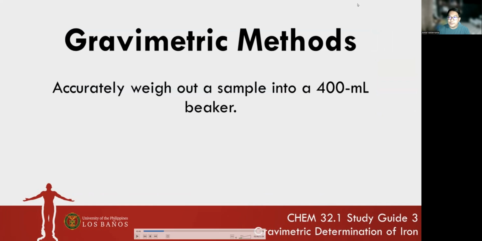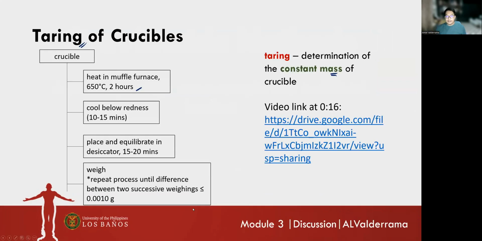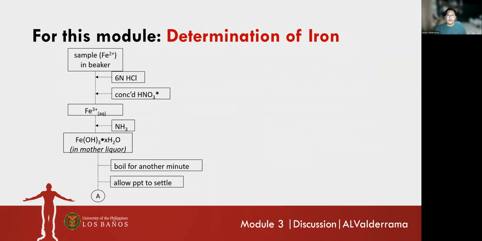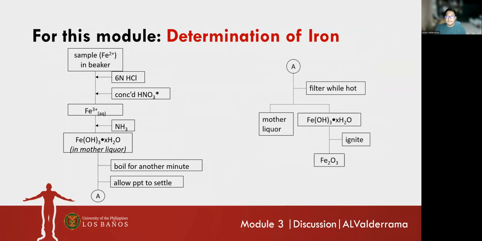Okay, so now let's proceed again with our presentation. After tearing, we'll now proceed with the determination of iron via the gravimetric method. These are the general steps for your determination of iron. First you have to weigh the sample. Then the dissolution comes in.